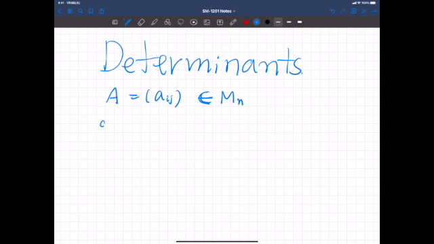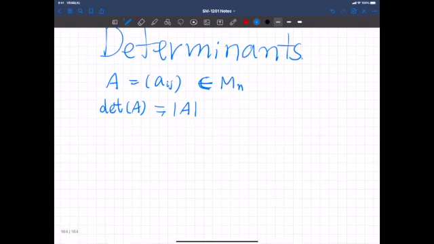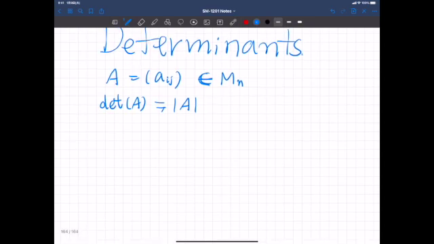Then we write the determinant of A as det of A, or like this, A between bars. These mean the same thing. So we define the determinant of the matrix A as follows.